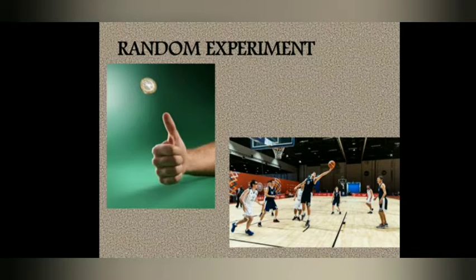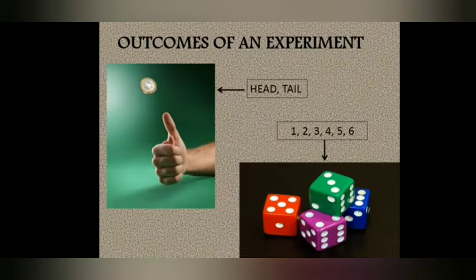Such results are known as outcomes of an experiment. When we toss a coin, there are two outcomes. One is it gives the head, otherwise it does not give the head. Not giving the head means it may come tail. Such are called outcomes of an experiment.